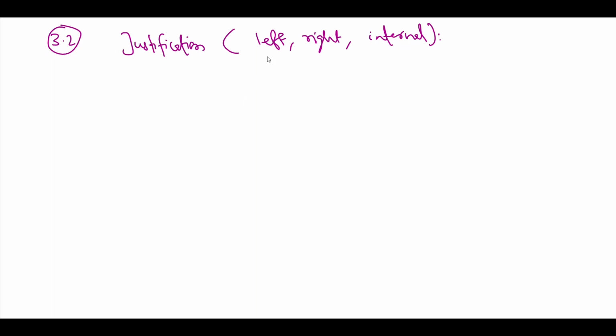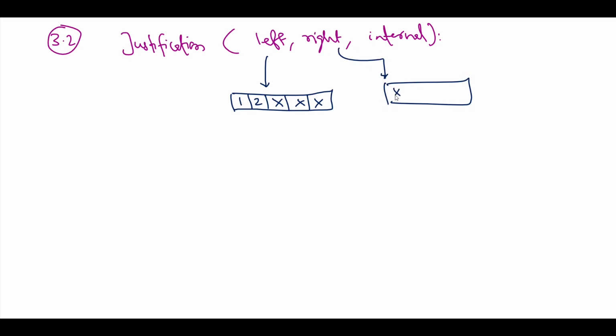So in case of left, we will have numbers on the left, maybe we have the number 12 and we have 5 places, then we will have padding characters here. And in case of right, we will have padding characters on the left side and the number on the right side. But we need to use setfill and fill to fill all these padding characters, right?